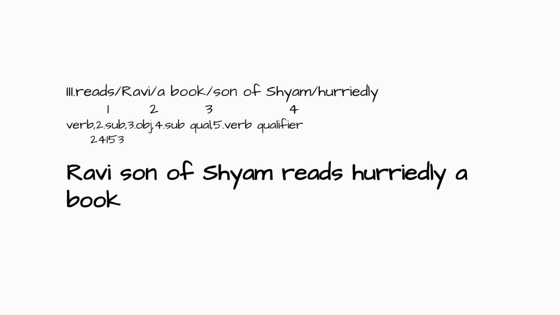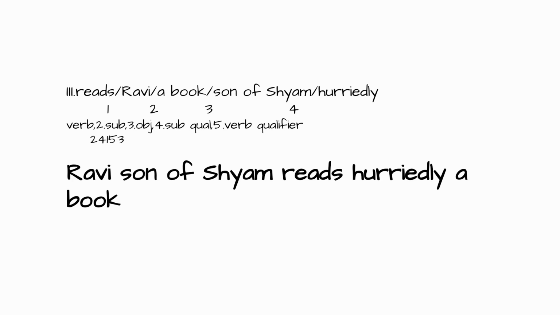So try to rearrange them. First, what should be there? Subject. What is the subject? 2. Then what should be there? Subject qualifier. What is that? 4. Then what should be there? Verb. What is the number? 1, so 2 4 1. And then the verb qualifier, 5, so 2 4 1 5.